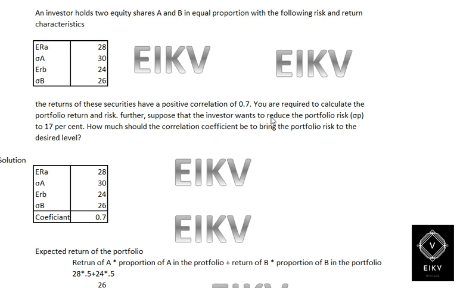Further, suppose that the investor wants to reduce the portfolio risk to 17%. How much should the correlation coefficient be to bring the portfolio risk to the desired level?